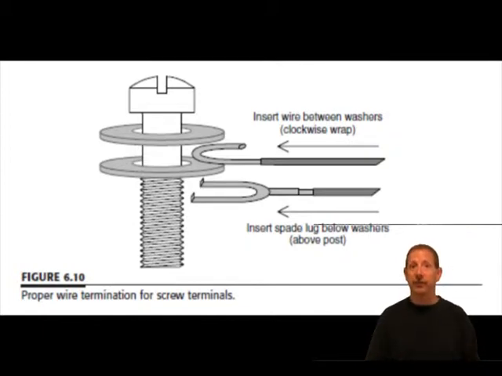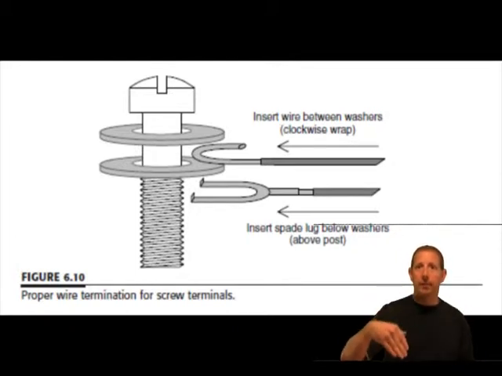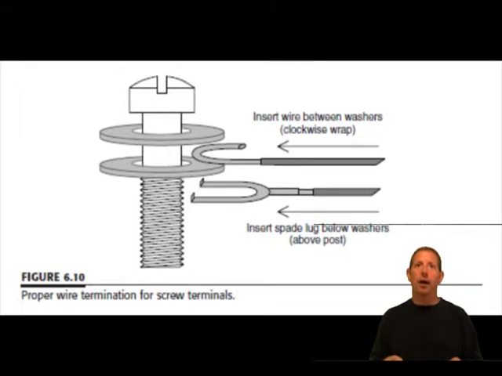To terminate the station cable, the screw is first loosened. Each station wire insulation should be stripped back about 3/8 of an inch, and the bare copper portion then wrapped around the post between the 2 washers. The wire may be preformed before it is placed into position.